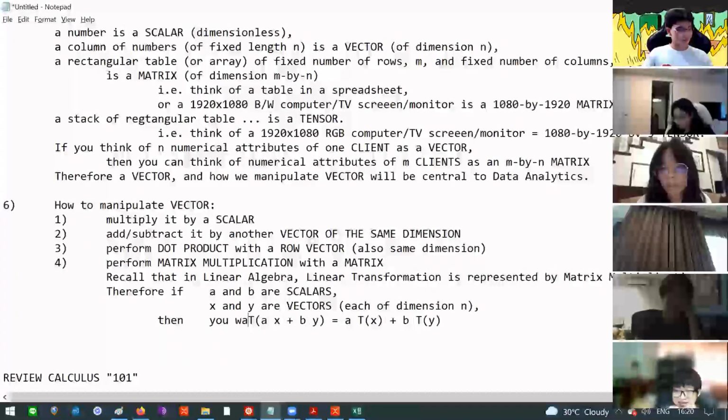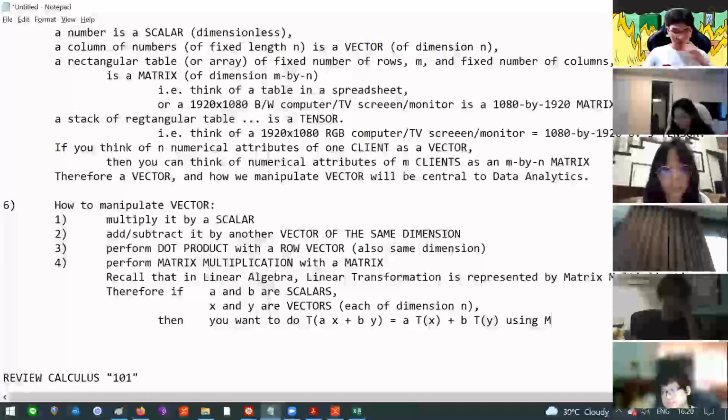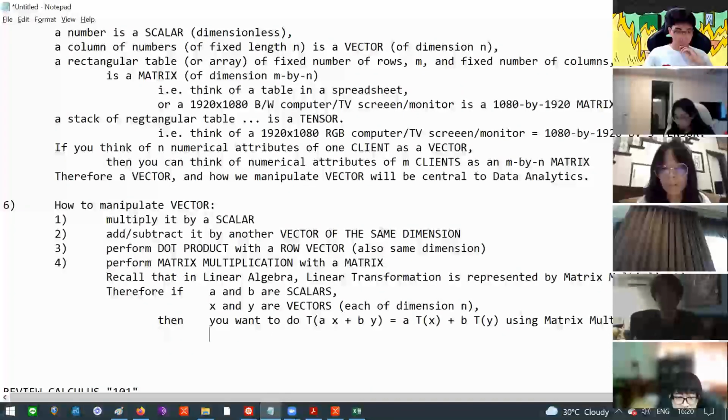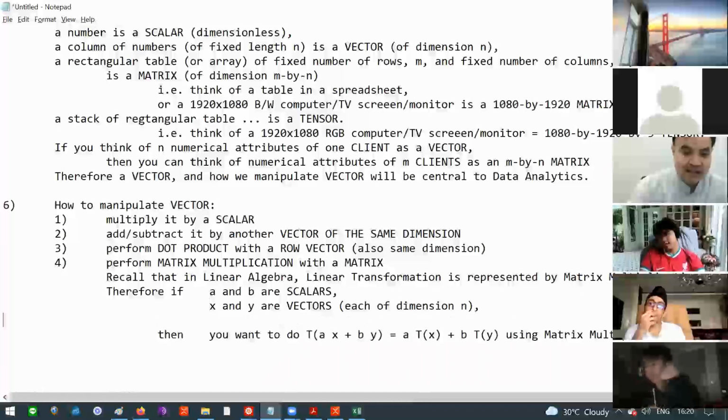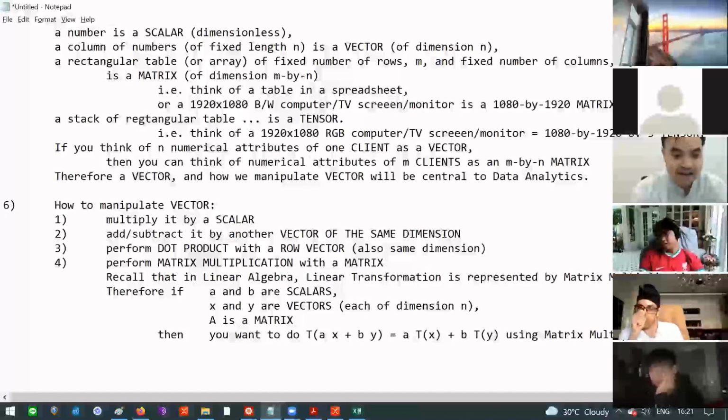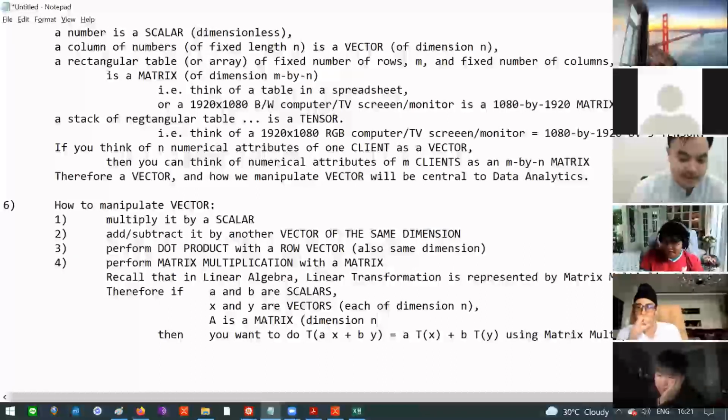You want to do this using a matrix. Well, it turns out that then A is a matrix of dimension n by n.